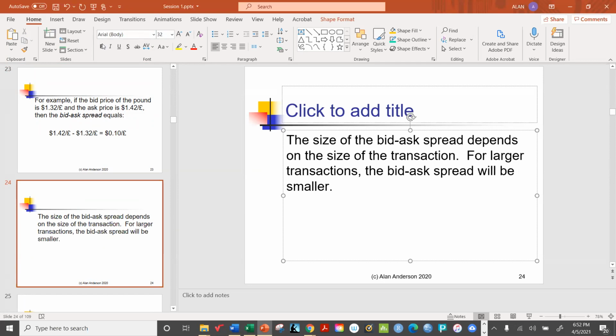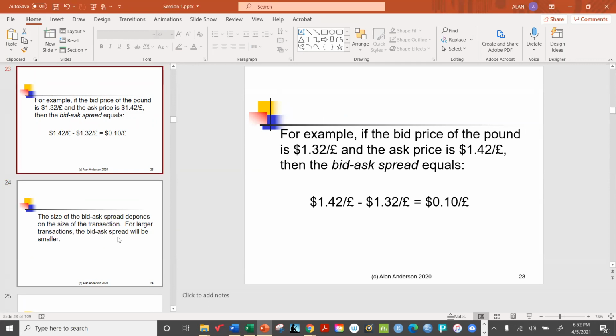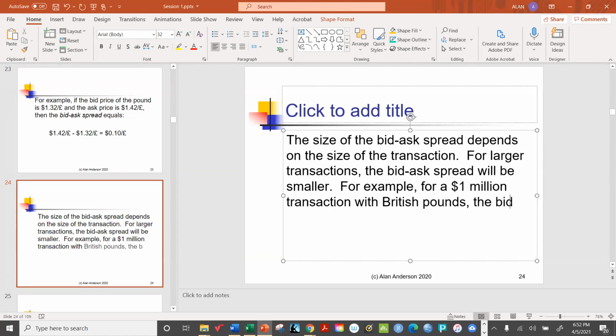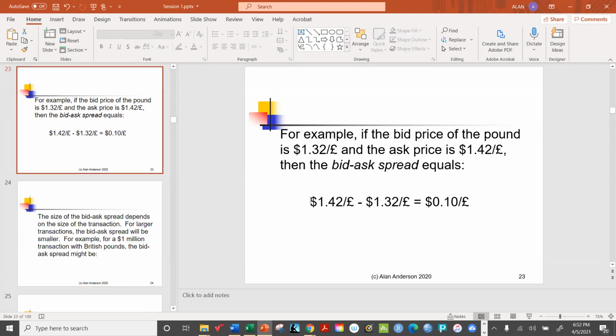Okay, so in other words, let me just show an example. For example, for a $1 million transaction with British pounds, the bid-ask spread might be, and then it'll be much, much smaller. Like instead of 10 cents, it might be a fraction of a cent.